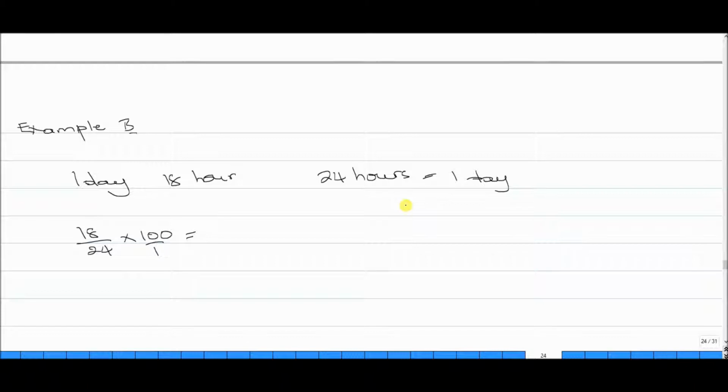We could do that by converting the 1 day into hours. 24 hours make 1 day, or 1 day is equal to 24 hours. So we'll have 18 for our numerator, and for our denominator, instead of 1 day, we will write 24 hours. So here we have 18 over 24 multiplied by 100 over 1.